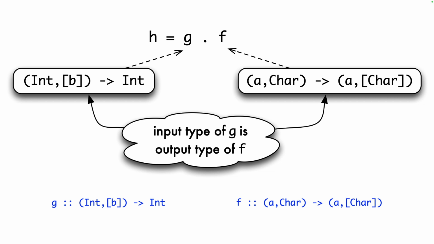It's a similar constraint to the constraint we get when we type check an application. So what we need here is that the input type of g, which is the pair int and list of B, needs to be the same as the output type of f, which is a pair of A and list of char. Those two are not equal.